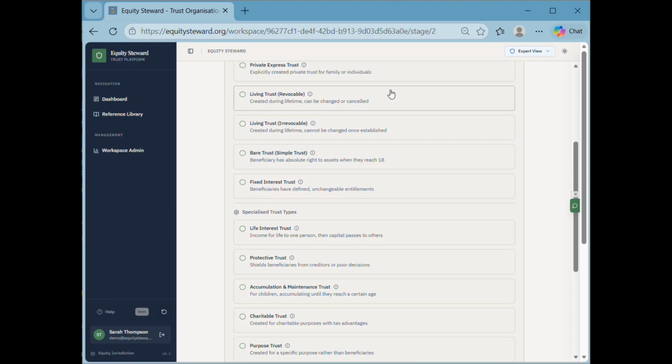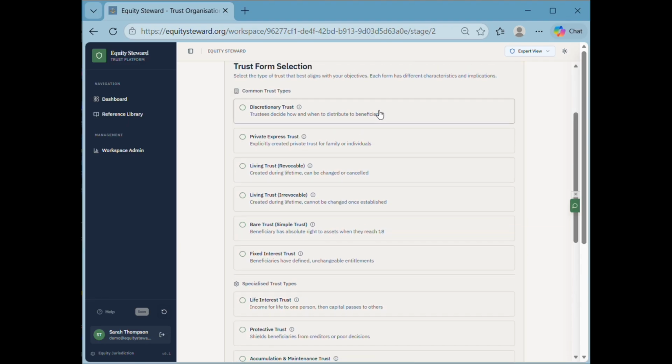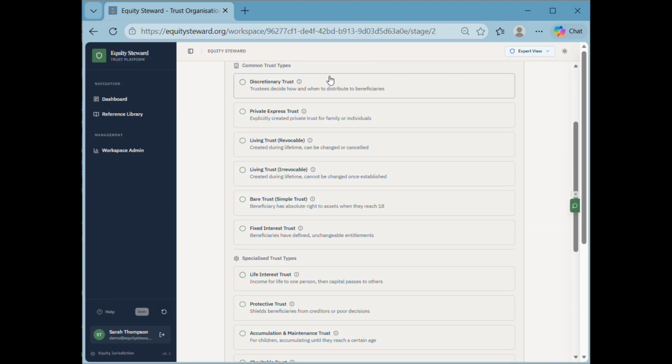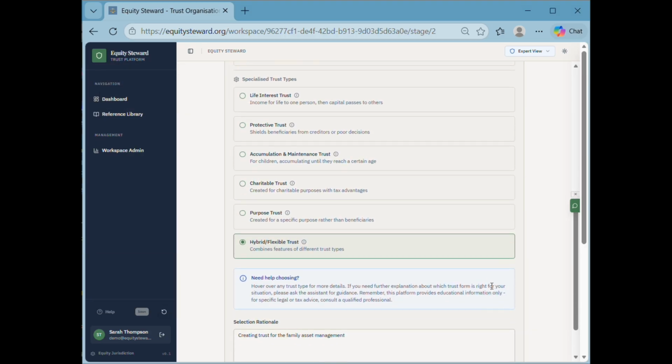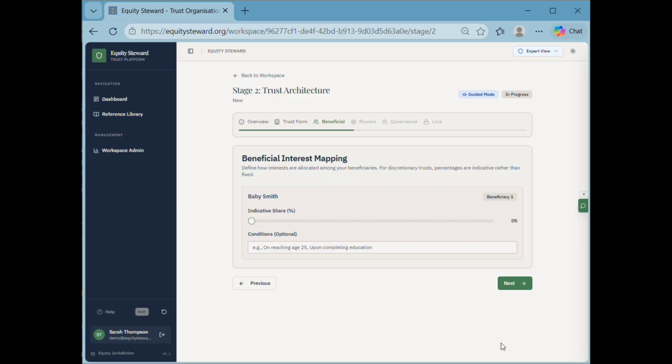Beneficial interest allocation. The next major part of this stage is beneficial interest allocation. This is where the user defines how interests within the trust are distributed or intended to vest. Depending on the structure of the trust, that may involve percentages, conditions, timing, or vesting arrangements. Again, the key point is not merely that these matters are understood privately.